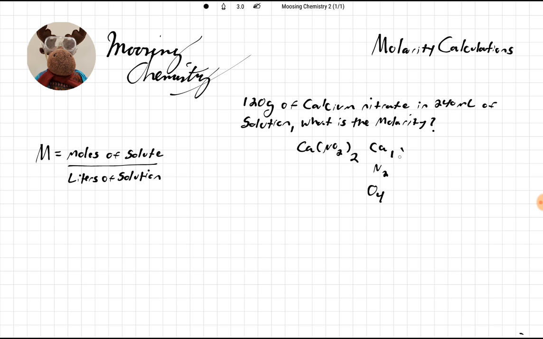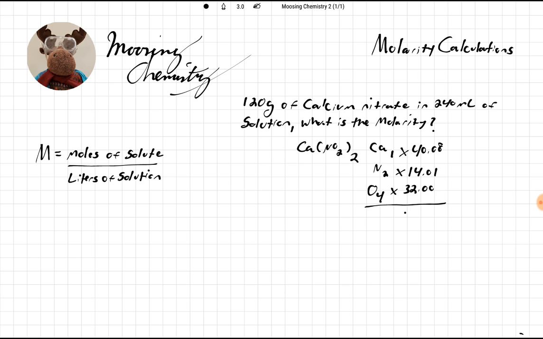We're going to multiply that by 40.08. Where's that coming from? That's coming from the periodic table. And the nitrogen is 14.01, that also comes from the periodic table. And oxygen is 32.00.